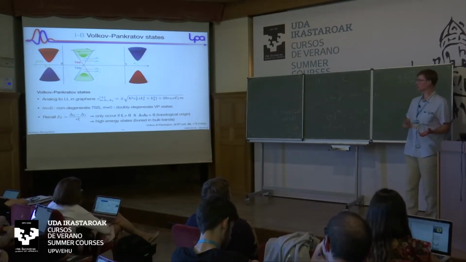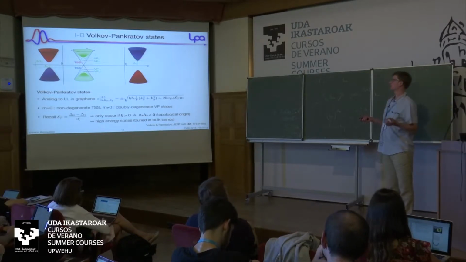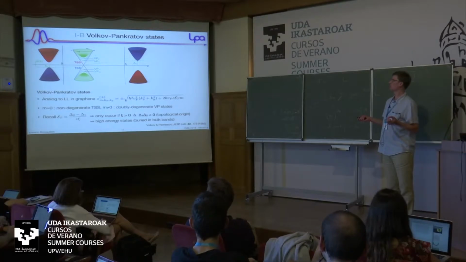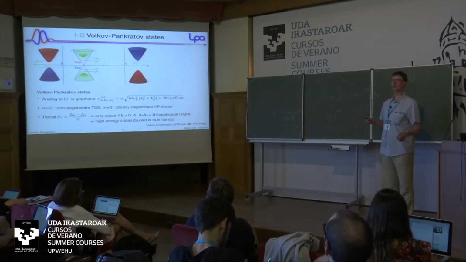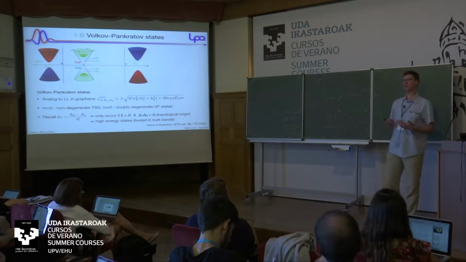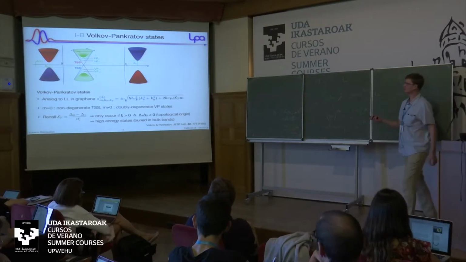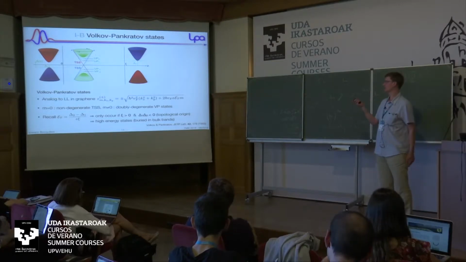But they are topological in the sense that they only appear in the conditions that you have this delta 1, delta 2 product being negative, which means that either delta 1 or delta 2 is positive, which means they don't have the same sign, which means that you have a topological interface. And in that sense, they only occur at topological interfaces or topological heterojunctions.